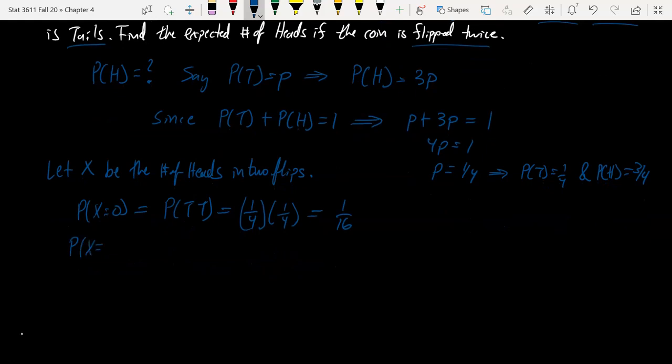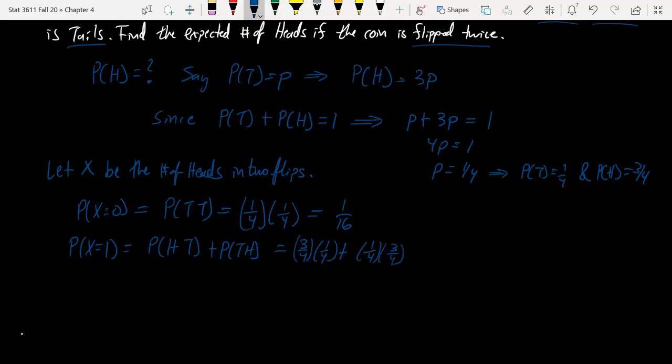Probability of getting 1 heads. Let's be careful here. You could go heads, tails, or you could go tails, heads. The probability of getting a heads first is 3/4, and then tails would be 1/4, plus the probability of getting a tails and then a heads: tails is 1/4, and then heads is a 3/4 probability.